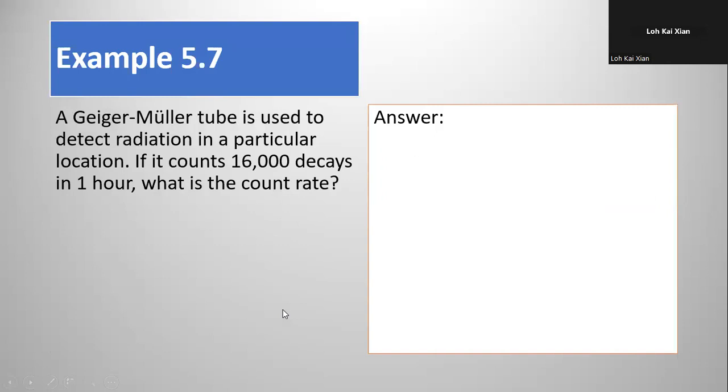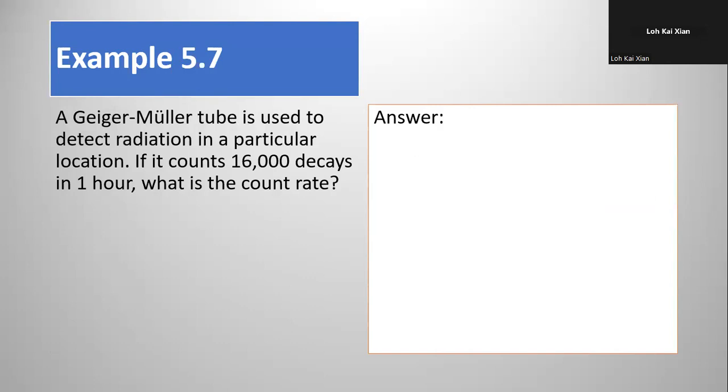Okay, try this question. A Geiger tube is used to detect radiation in a particular location. If it counts 16,000 decays in 1 hour, what's the count rate? Right?